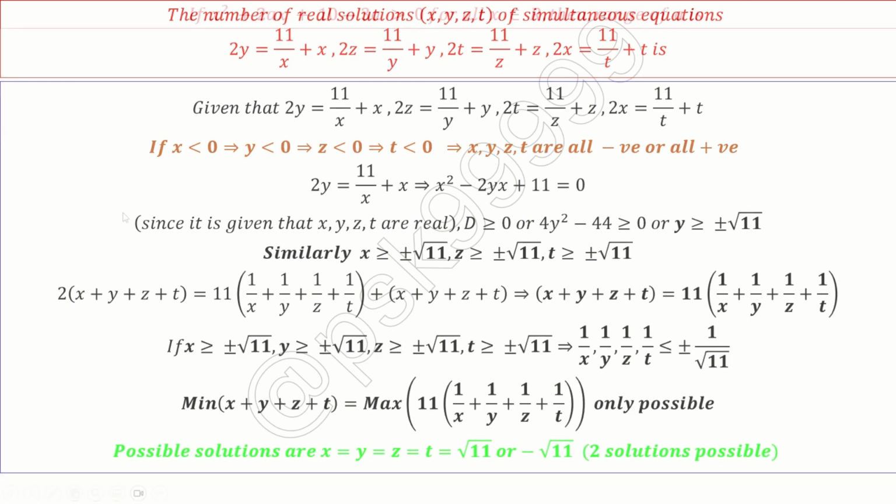Next, if x square plus 2ax plus 10 minus 3a is greater than 0 for all real values of x, then the range of a. So this is a quadratic polynomial, which is always greater than 0, which means it doesn't have any roots.